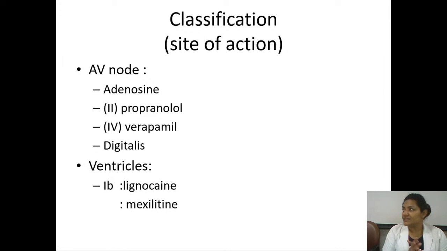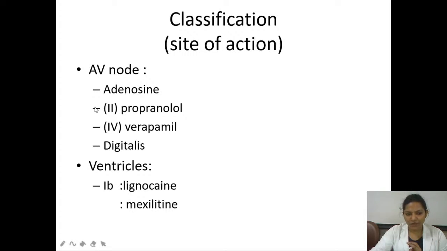Okay, now there is another classification which is based on the site of action of the drugs. Drugs can act directly on the AV node, or they can act on the ventricles.